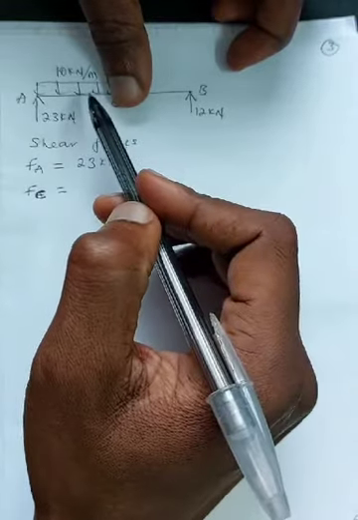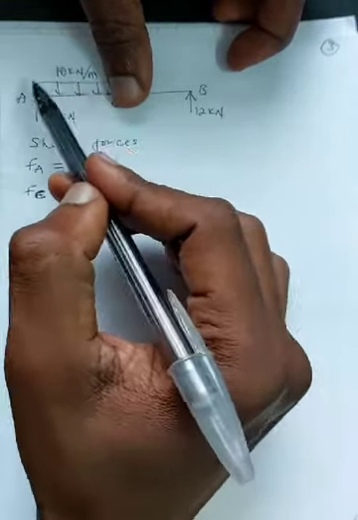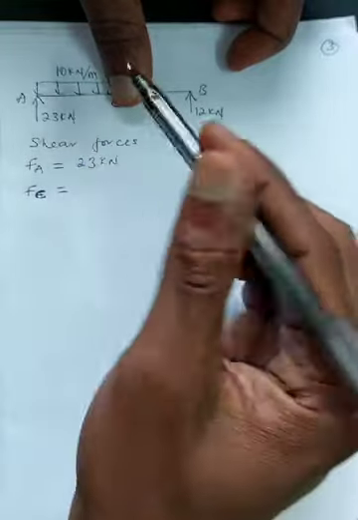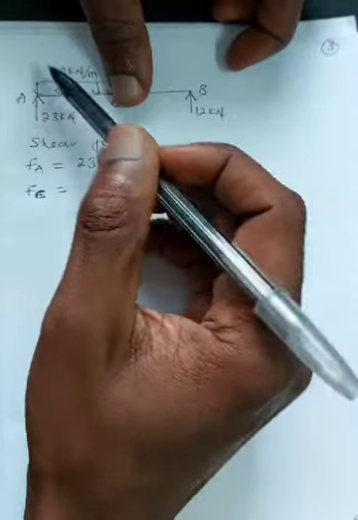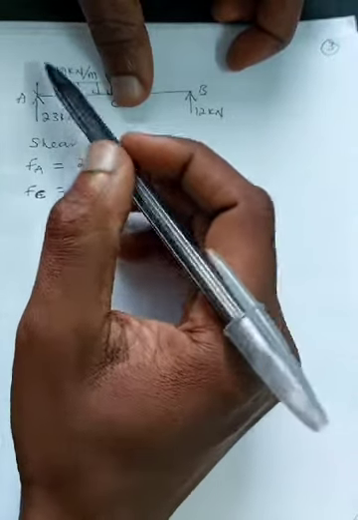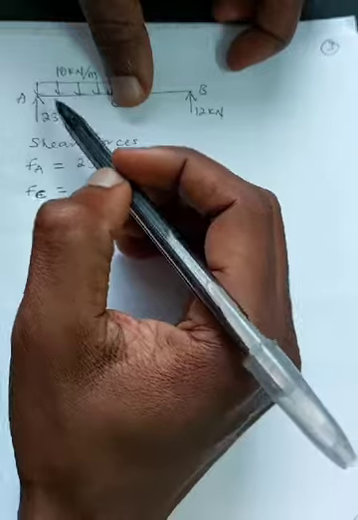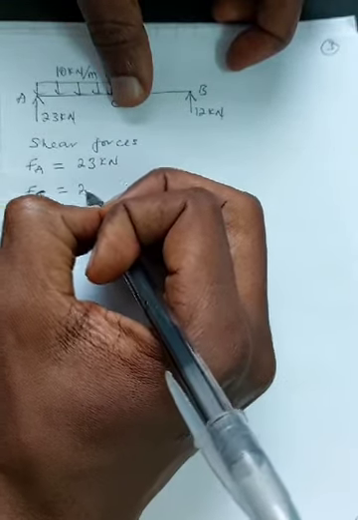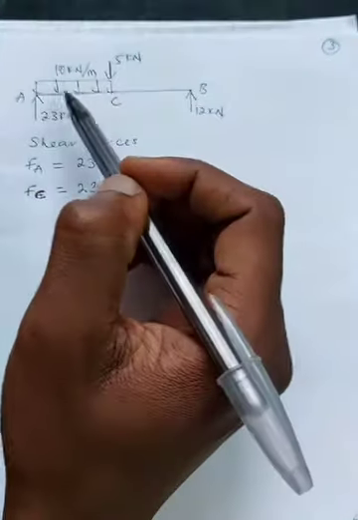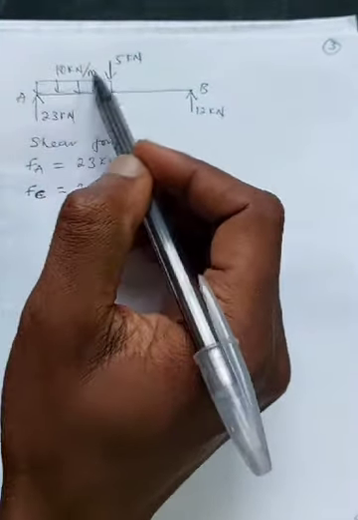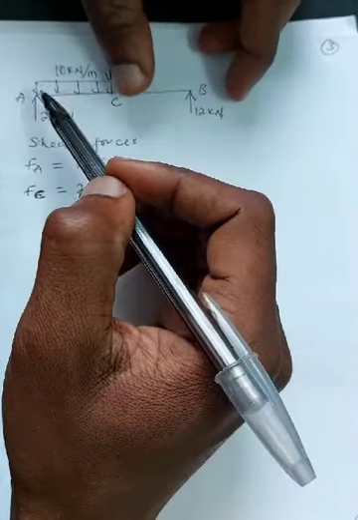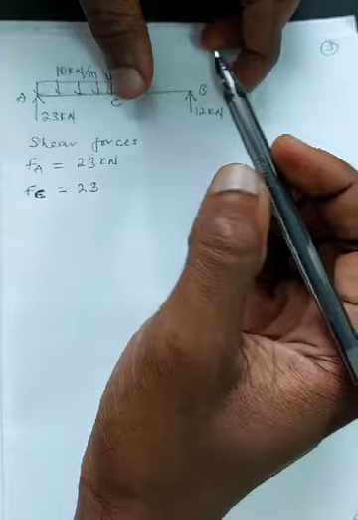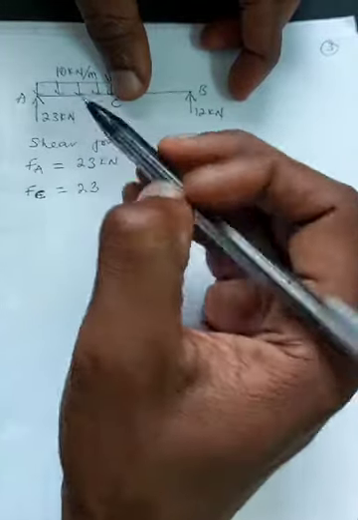So having said that, we're going to look at the forces to the left of point C one after the other. So we start with this 23. So how does it shear the beam? So it shears it upward, okay, relative to the right. So we're going to have what? 23. So our next force would be the UDL. So that one is shearing what? The left portion downwards relative to the right. So it's a negative force.